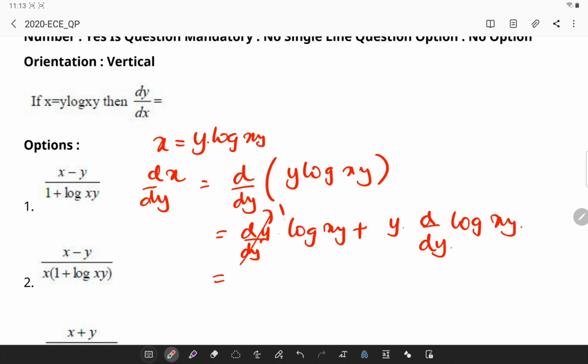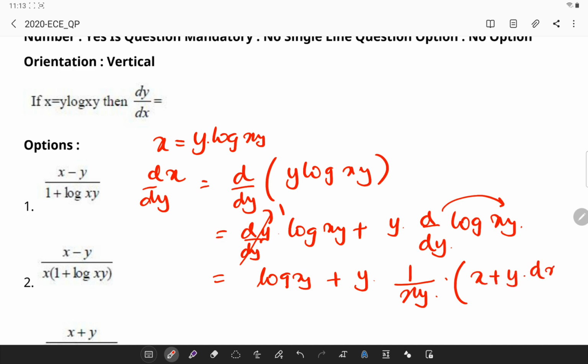In this case it will be y into 1 by xy into, I have to do the derivative of xy also. I will be getting x plus y into dx by dy.